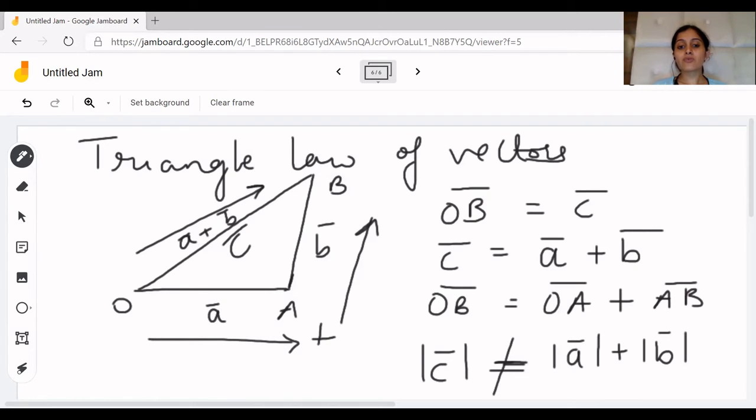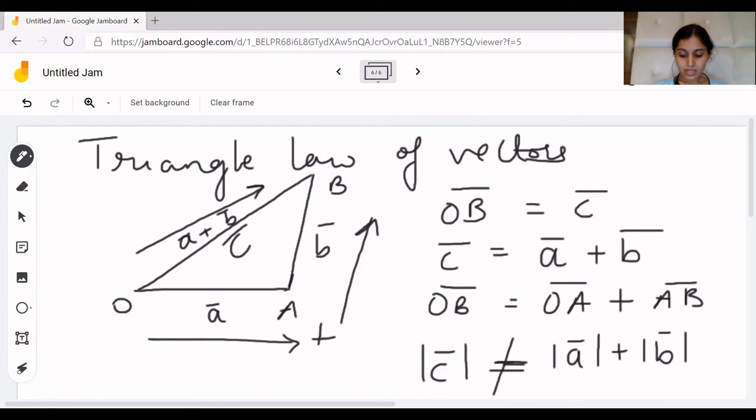This property is for vector addition, that is, c bar is a vector which is equal to the addition of two vectors a bar and b bar. That does not necessarily mean that the magnitude of the resultant will be equal to the addition of the magnitudes of the separate vectors. This is very important while using the triangle law of vectors.